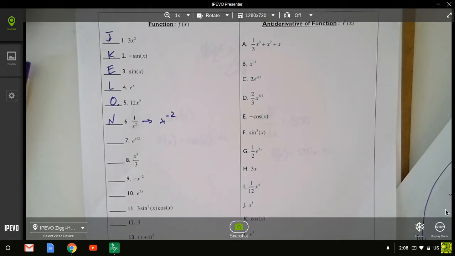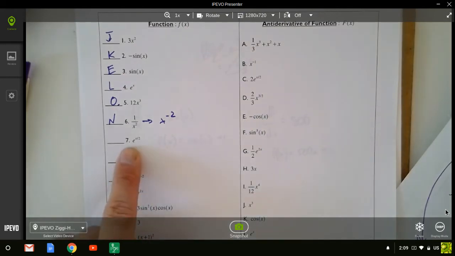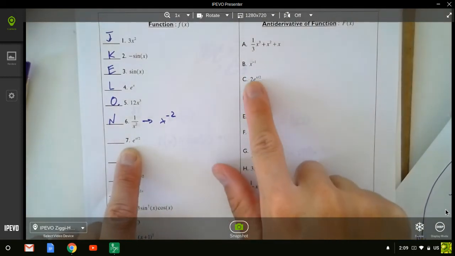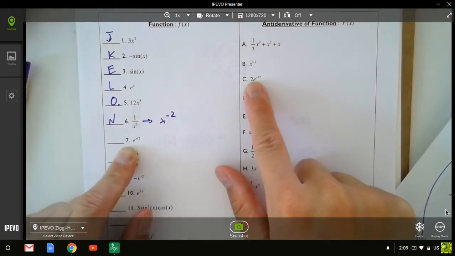Anybody find number 7? I got 2e to the x over 2. I think that's C. Can you show me up there on the board? I kind of played around with it. That one isn't that easy to do in your head. Basically, you're doing the antiderivative for this, and you're saying it's C, e to the x over 2.